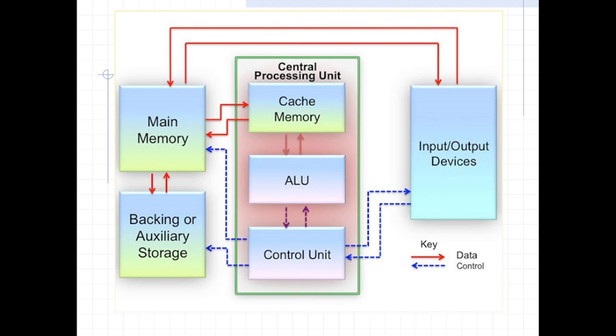So to bring this particular discussion to the right path, let's look at this particular diagram. You can see that the data is being transmitted from different parts, more so the input devices to the main memory, and of course you have the control mechanism that has the dotted lines. All these lines, be it red or blue, represent the data bus, or how the data is being transmitted from one part of the computer to the other.